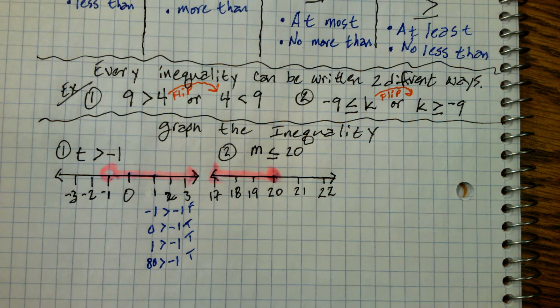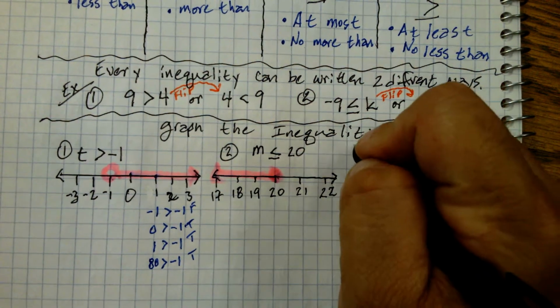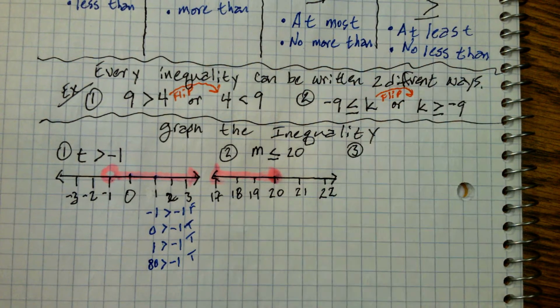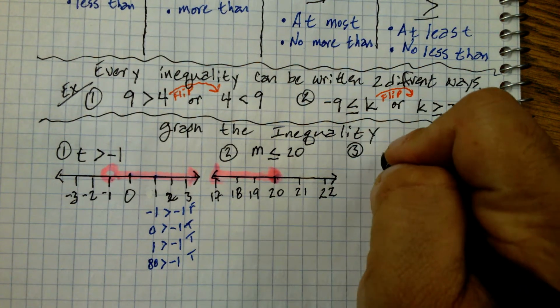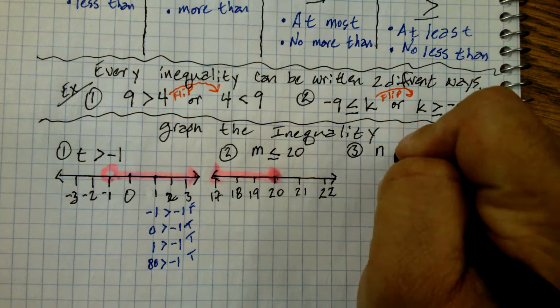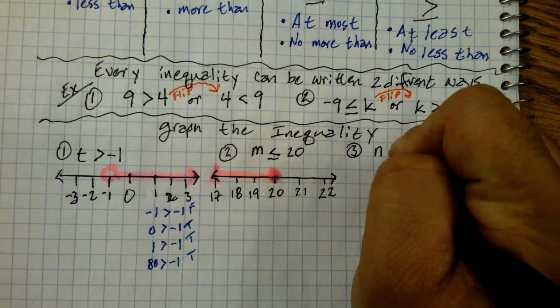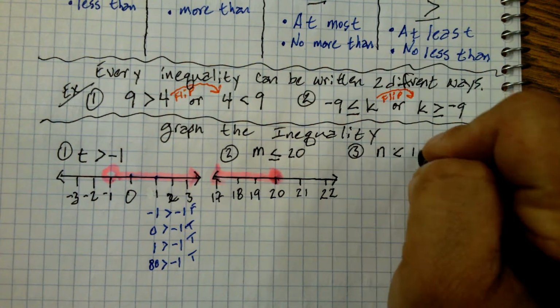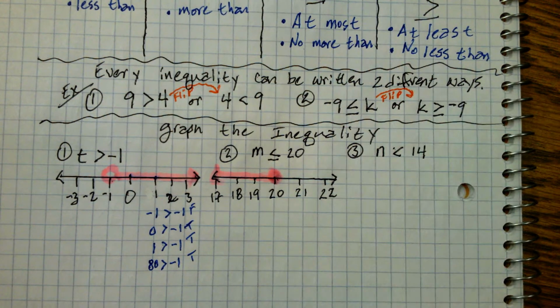Let's make another one. I'll see if I could fit it in here. Number 3. Let's do n is less than 14.